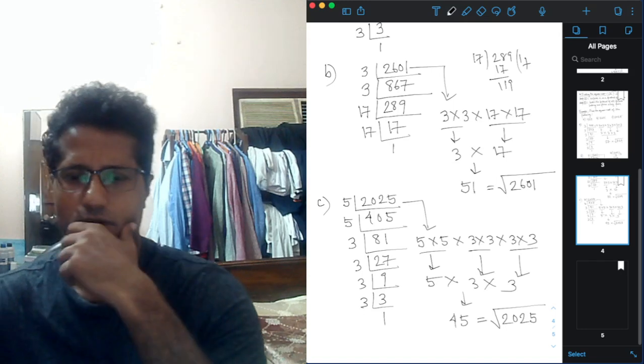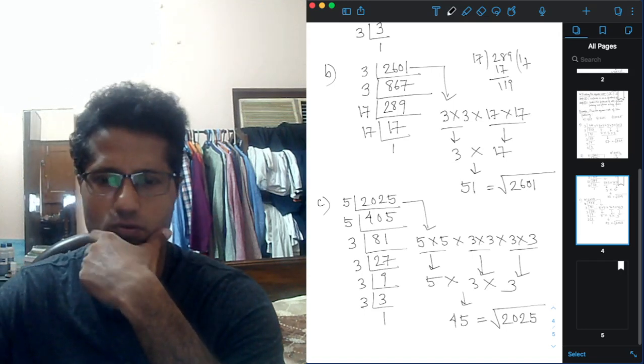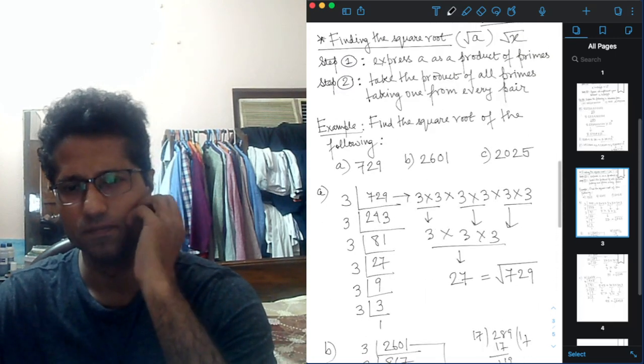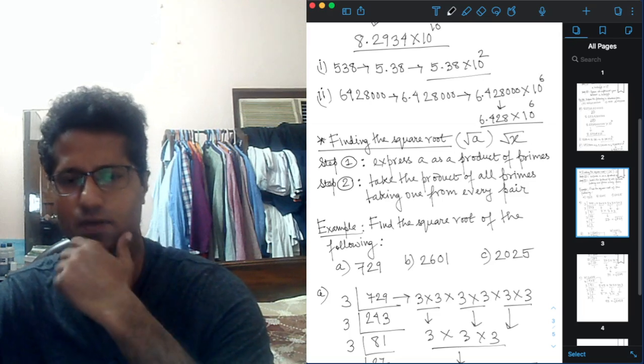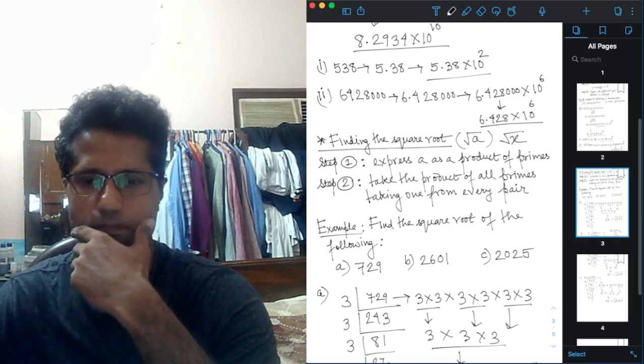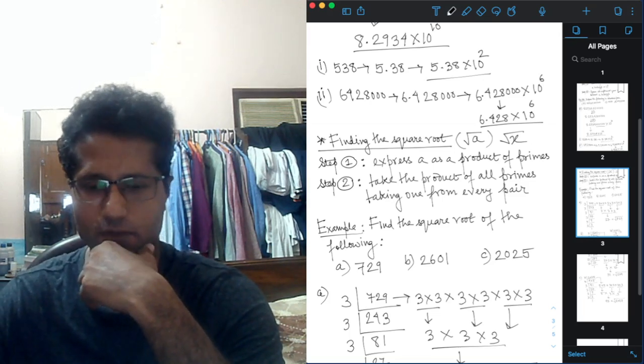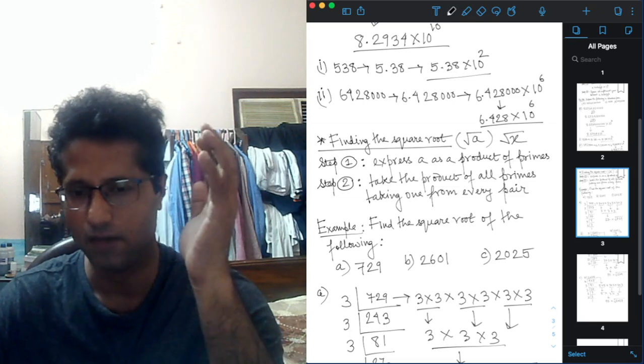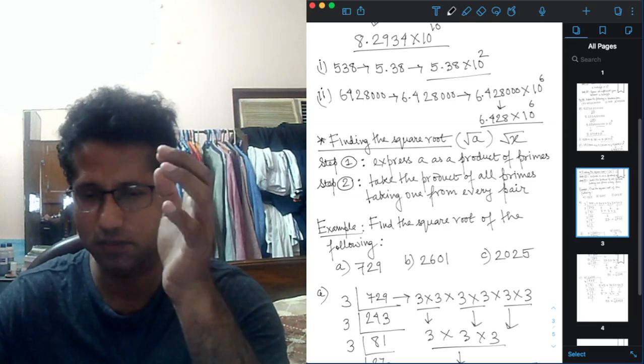I wanted to explain how to find the square root of a natural number. So the steps are, you express the given number as a product of primes. You will be asked to find the square root of a number which is a perfect square. Now what is a perfect square?